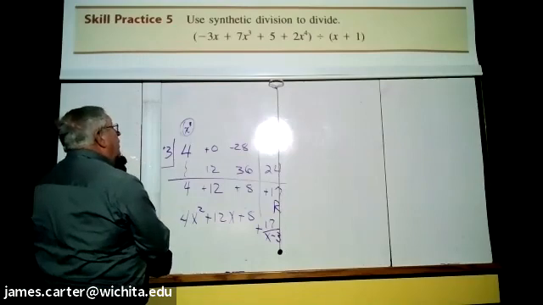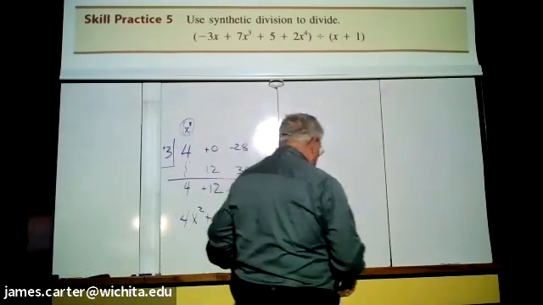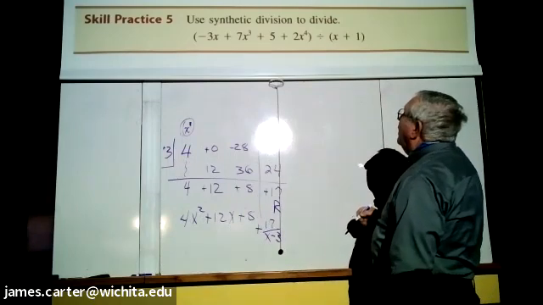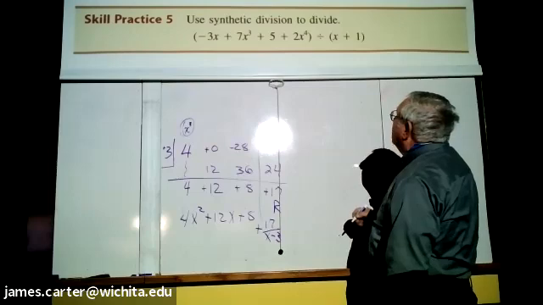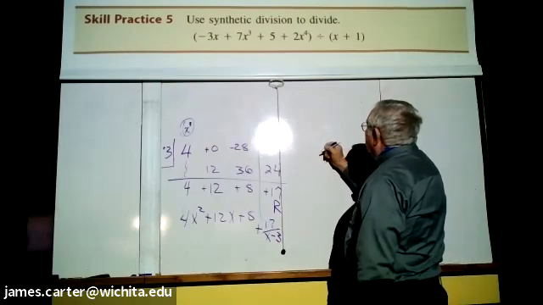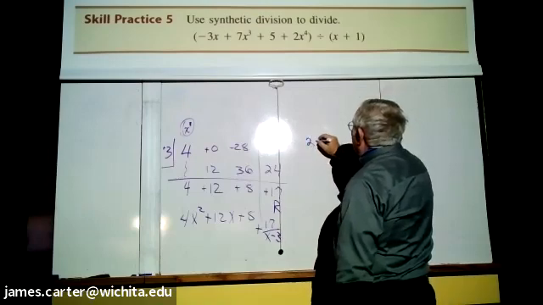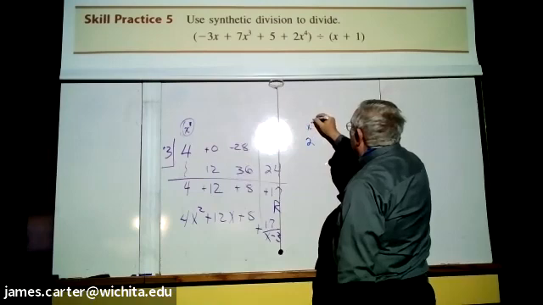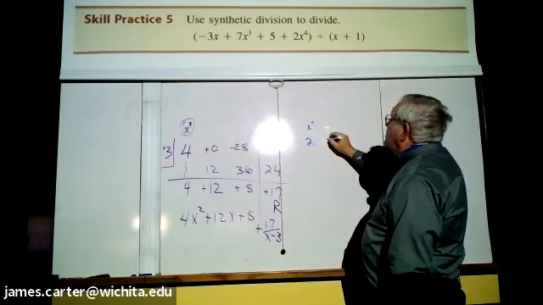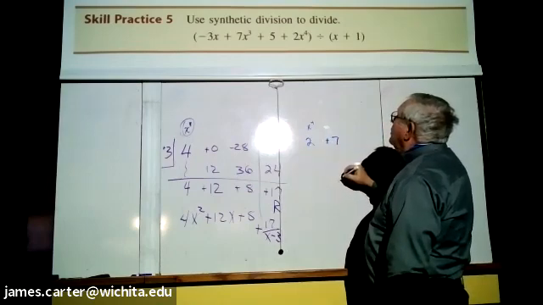Okay, let's do another one. I've got to put these in the right order. My highest power is 2x to the 4th. I got plus 7 for the x to the 3rd.